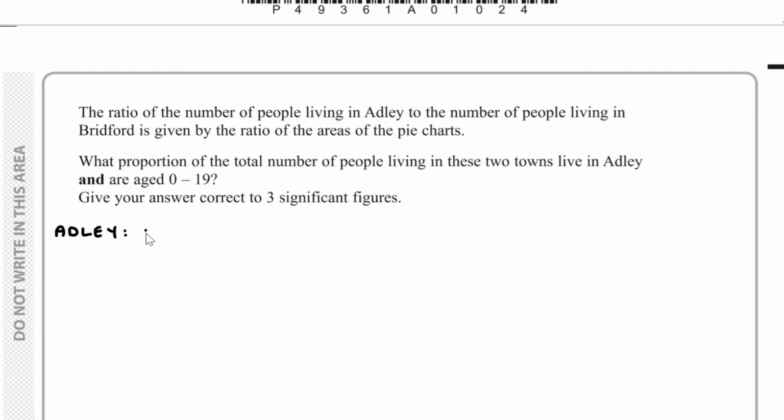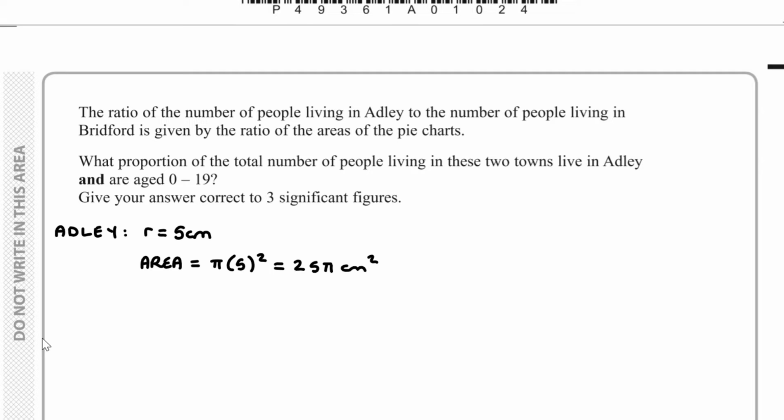So the radius is equal to 5 centimeters, and therefore the area is equal to pi lots of 5 squared, which is 25 pi centimeters squared.